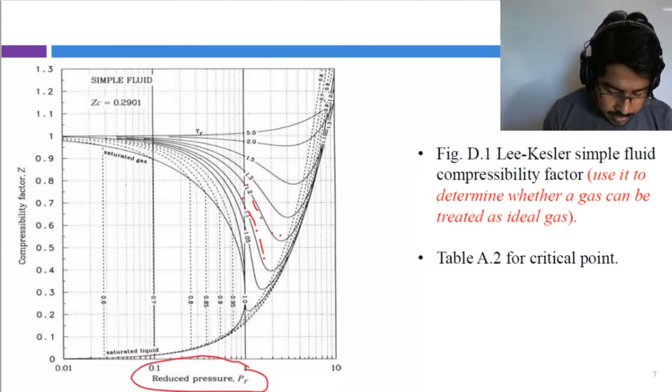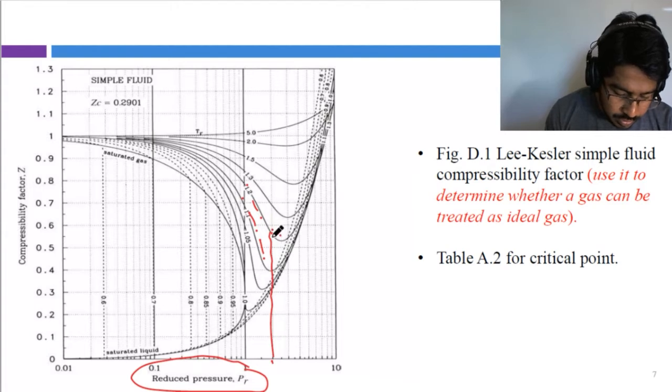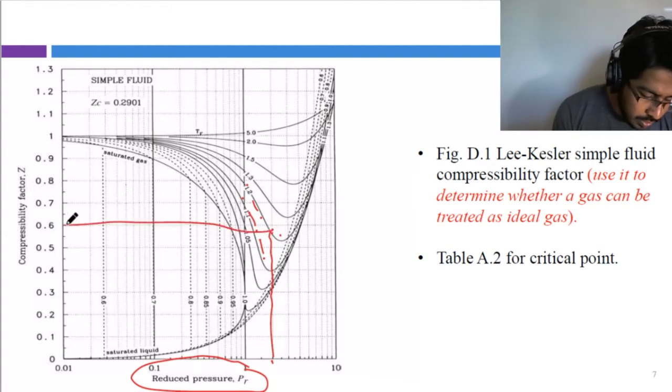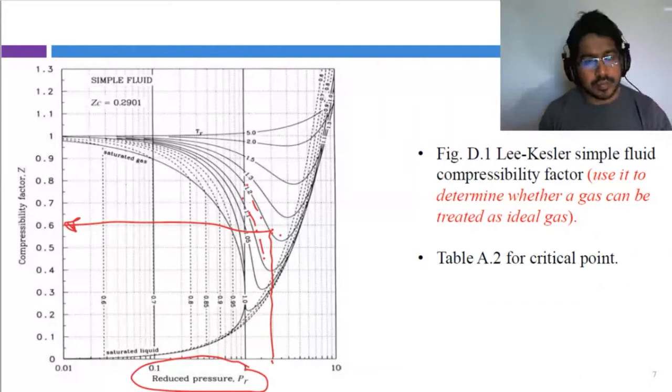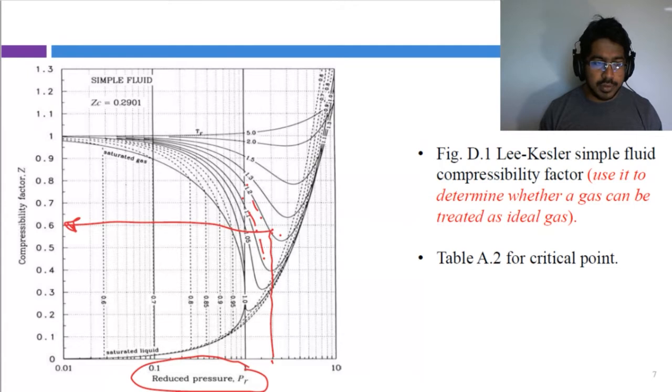Similar to what we did last time, if you know the reduced pressure, you go there, and if you know the reduced temperature, you pick that line, and then you find the compressibility factor from the y-axis. Any questions so far, or are you all comfortable with finding the compressibility factor for a given gas once the pressure and temperature are given? Okay, perfect.